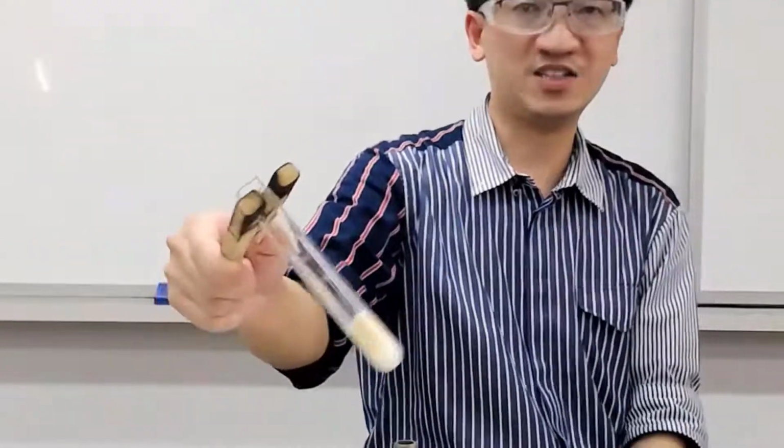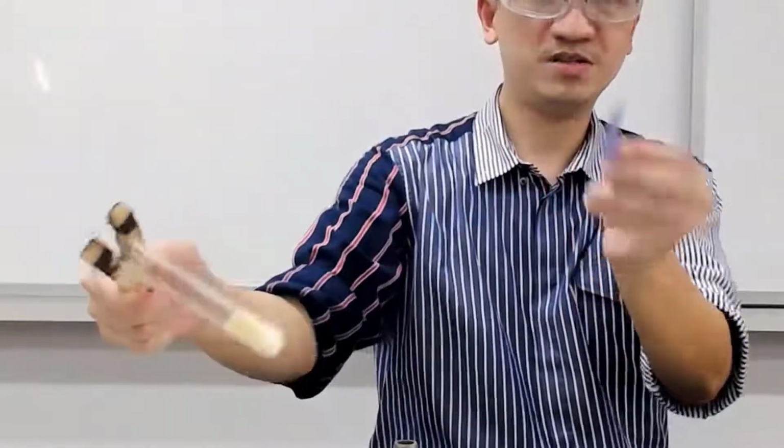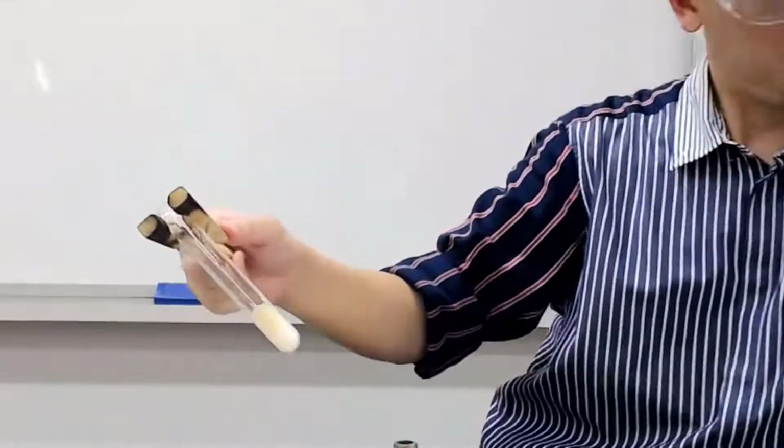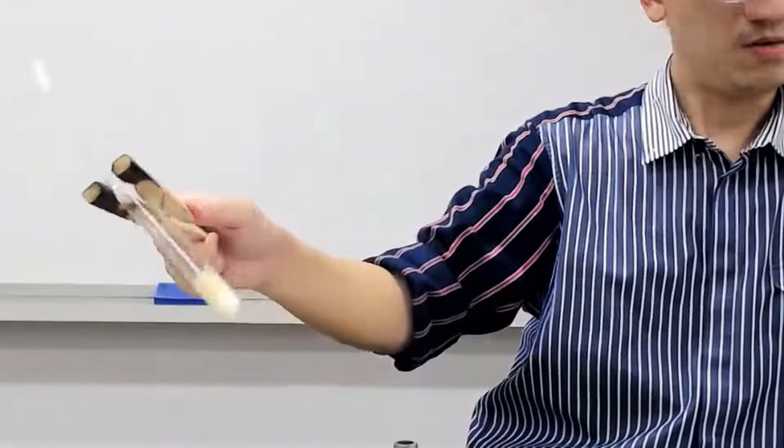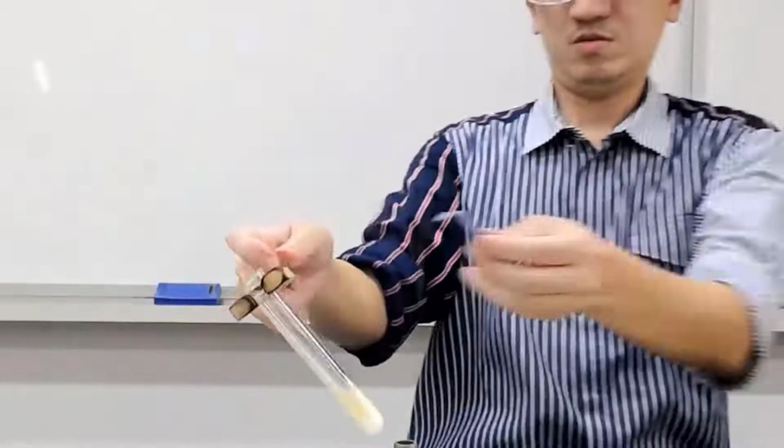Right now I'm going to test for NO2. I'm going to use a blue litmus. We're going to moisten it with a little bit of water for you to observe.